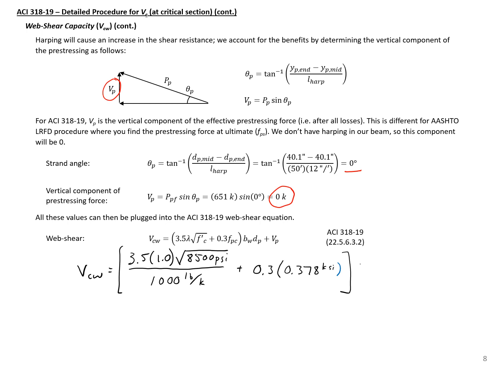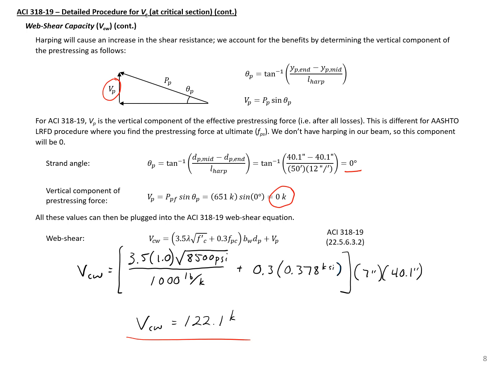And then we take this times our BW, 7 inches, times 40.1 inches, which will give us a VCW here equal to 122.1 kips.